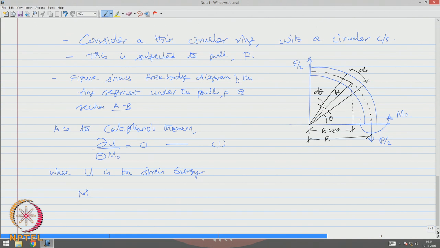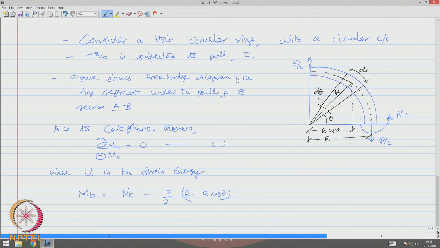The bending moment MB at the considered section will now be equal to M0 minus P by 2 times (R minus R cos theta).